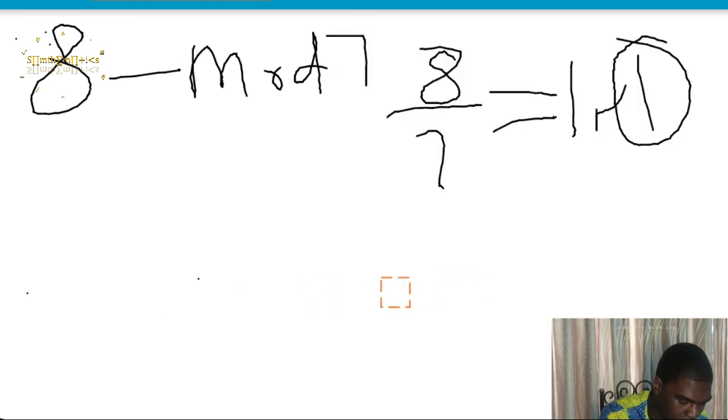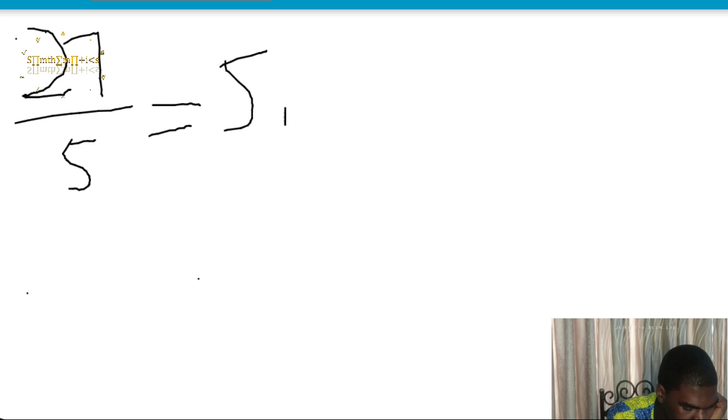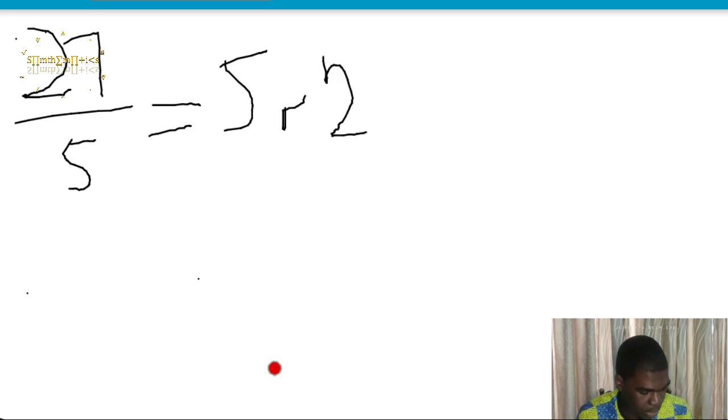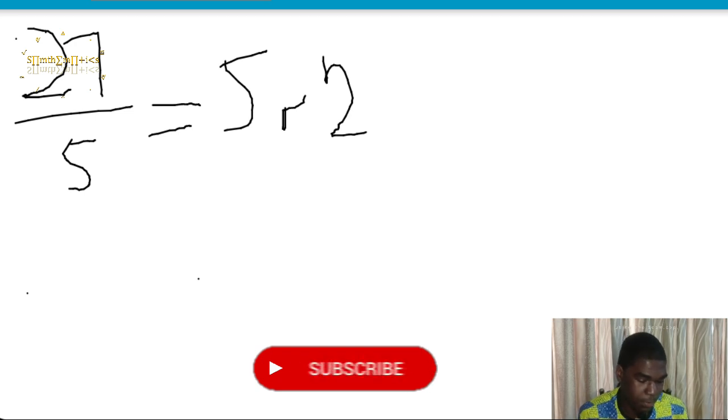So let's take another example. Let's say we want to convert 27 to mode 5. Okay, so let's do that now. 27 divided by 5 is equal to what? 5 with a remainder of 2. Because 5 goes into 27 5 times. That's 5 times 5 is 25.